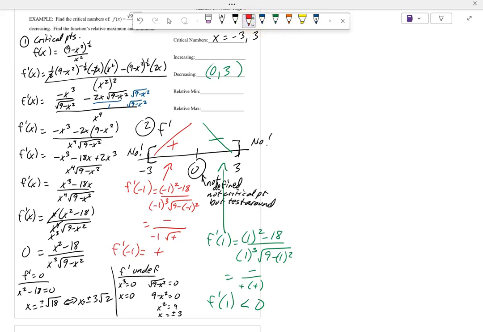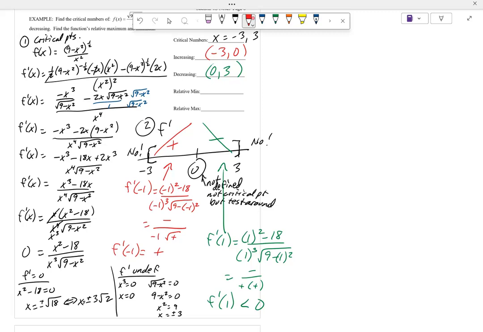We were increasing from -3 up until 0. Okay. Now, relative min or max on this, we do not have a relative max here, at least at 0, because it's not defined there, right?